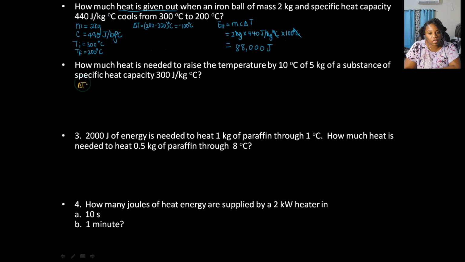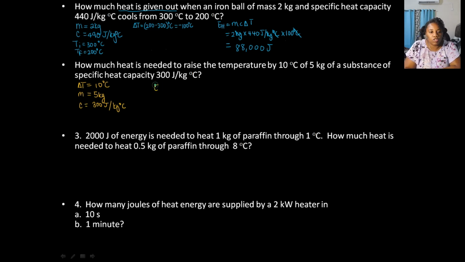Delta T is already calculated for us. The mass is 5 kilograms, and the specific heat capacity is 300 joules per kilogram degree Celsius. So we have the MCΔT.